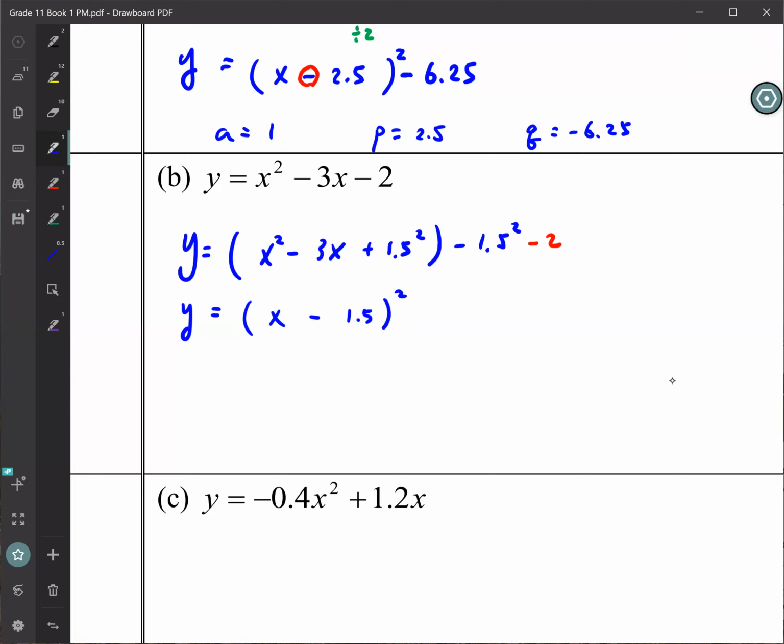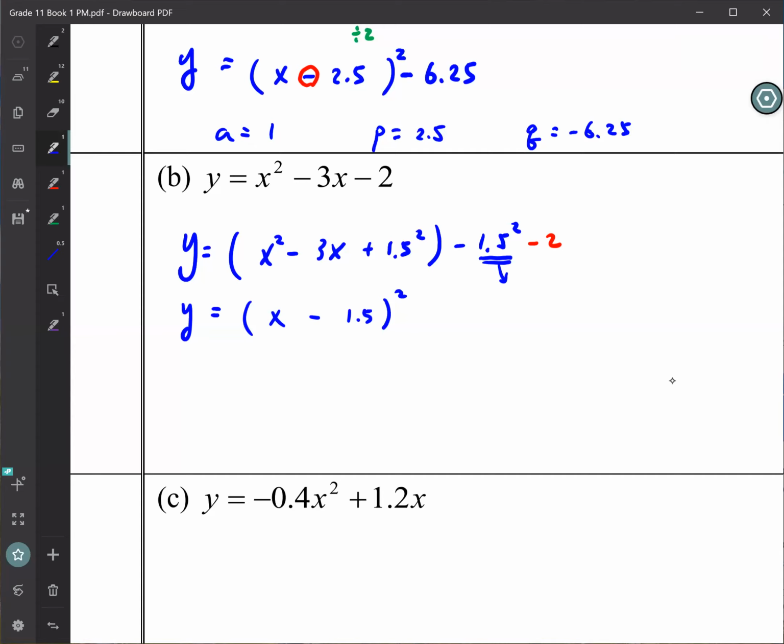Let's try again. 0.25. Okay, can you tell me what's 1.5 squared? Just 1.5 squared.